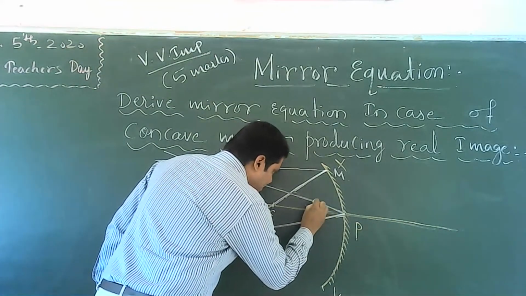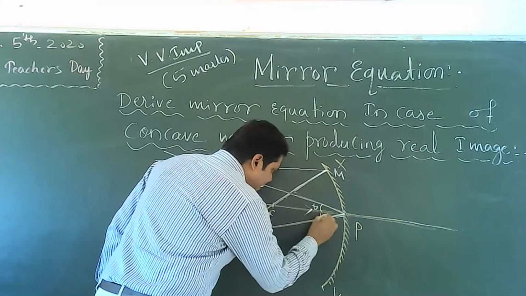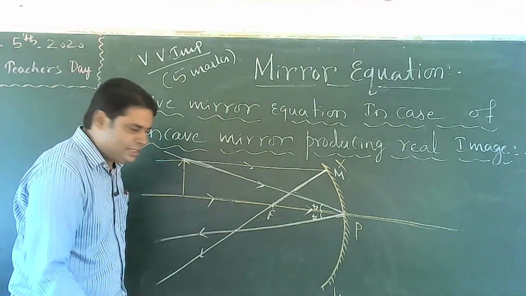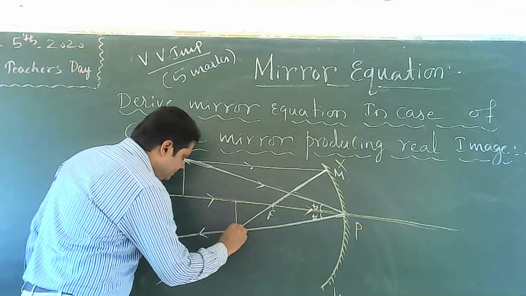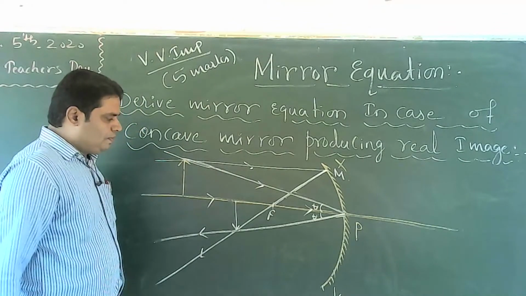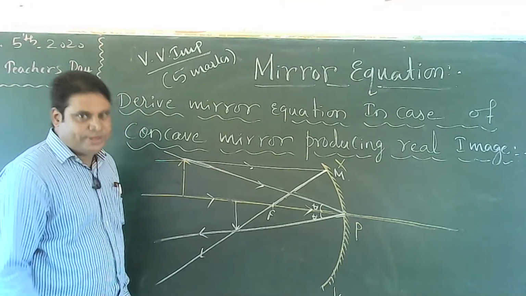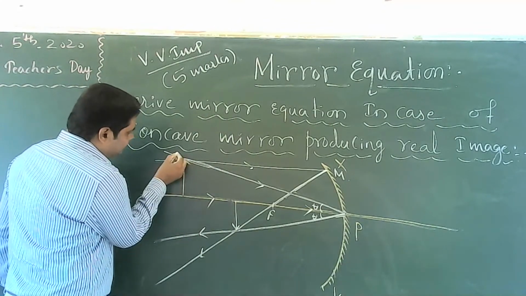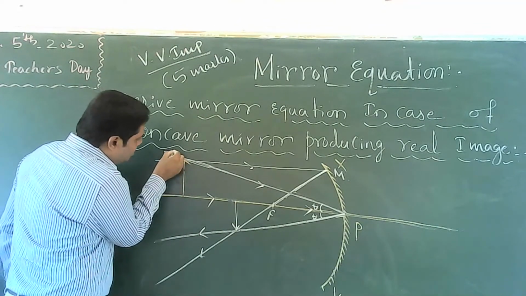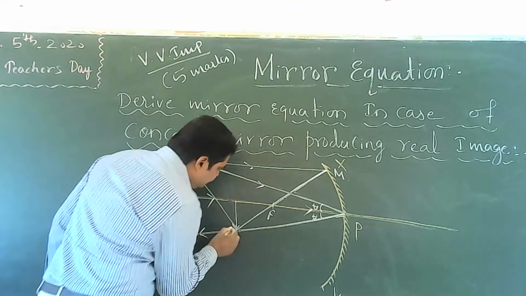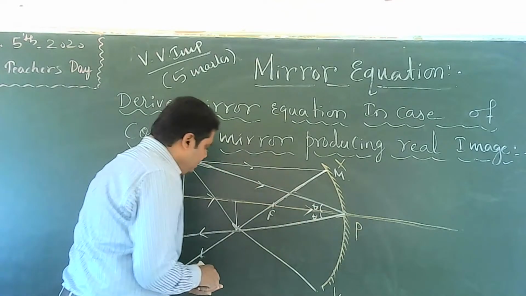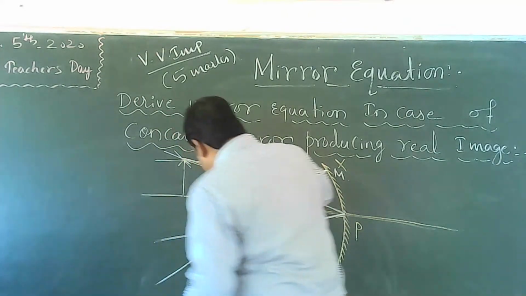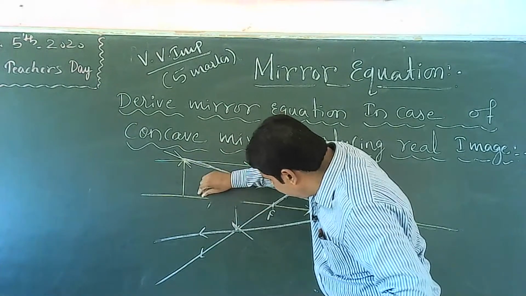Then we know this is the angle of incidence theta. This is the angle of reflection theta. Here we have the point of intersection, correct? For simplicity, to derive this equation, we have to consider one more ray. One second.